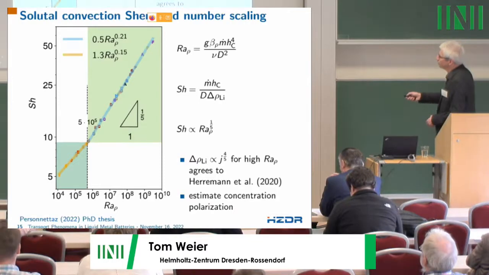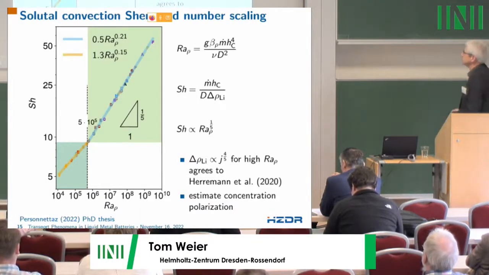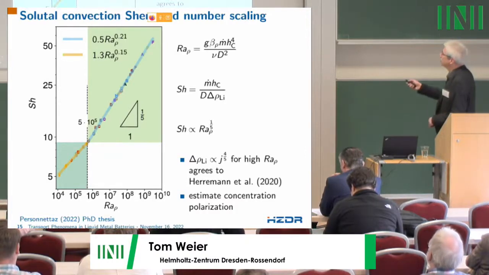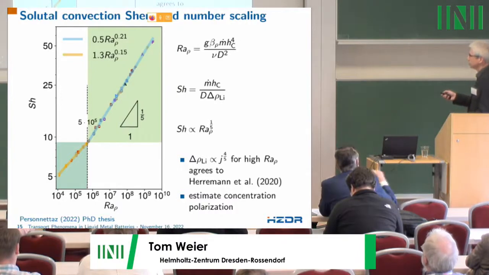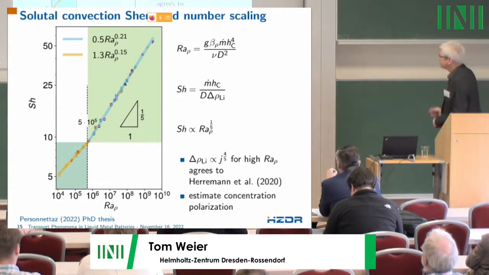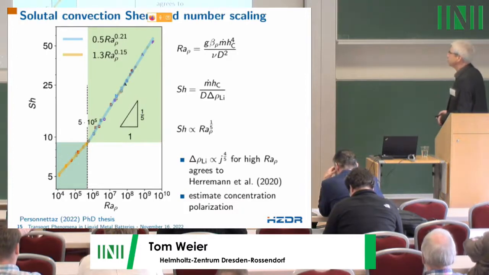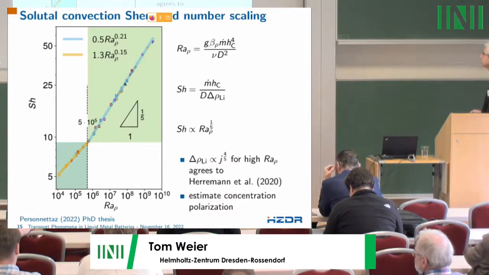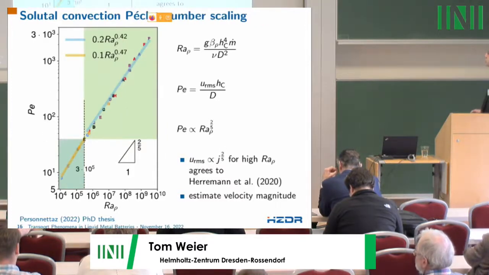There is another regime for very low current densities that I have not discussed and will not discuss. But this scaling that is found for the high Rayleigh number regime fits very well to what was found by Weier, 2020. And we could use the Sherwood number to estimate the concentration polarization that I talked about during charge.